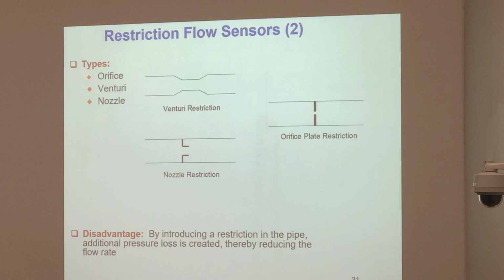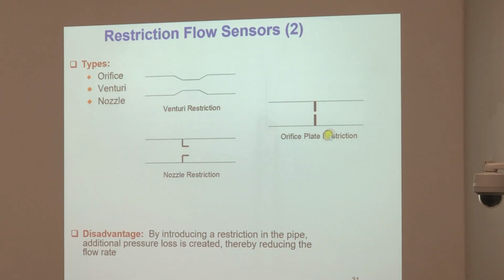Okay, and what is the disadvantage of this restriction flow sensor? By putting an additional piece like this inside your flow, you actually introduce restrictions in the pipe that cause additional pressure loss in the system, thereby reducing the flow rate, right? We try not to disturb the process, but in this case, if I use a nozzle or orifice, I create additional pressure loss to the system.